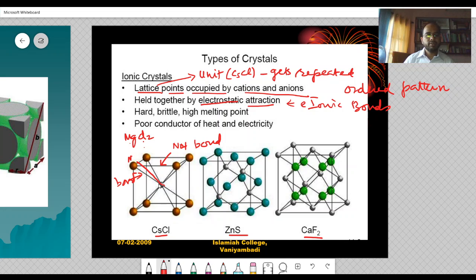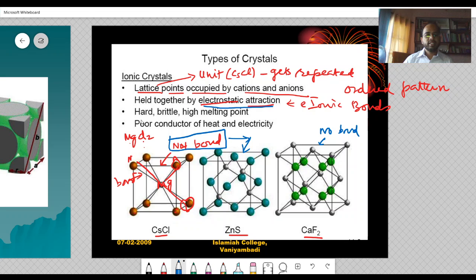You will have the chlorine atoms adjacent like this, and they are not at all bonded. These lines are not bonds. They are held together in their place only by electrostatic attraction.